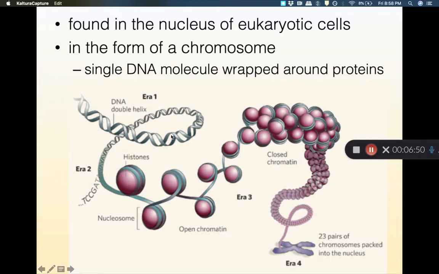This double-stranded helix is actually wrapped around these very important proteins called histones. These histones help determine whether or not a certain section of the DNA is read and generates a protein.